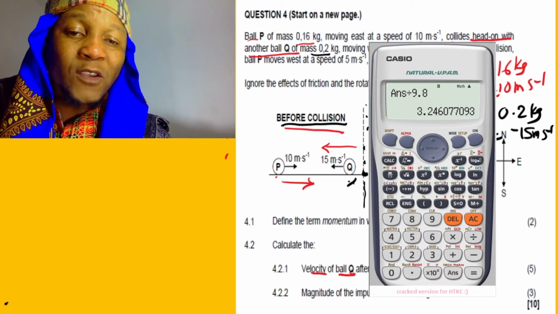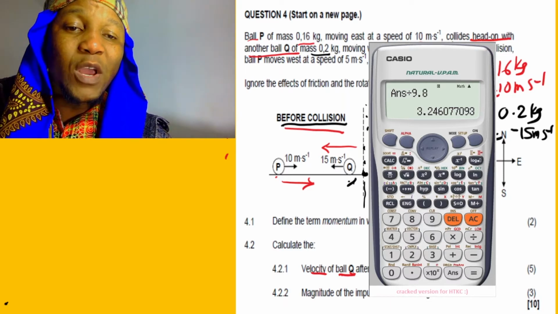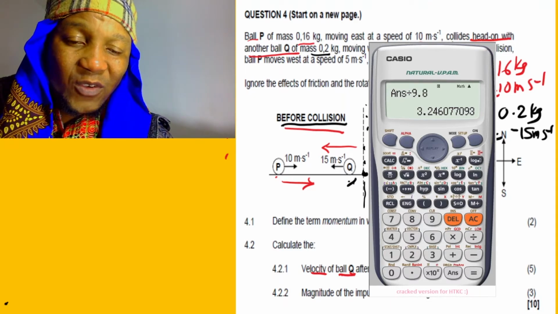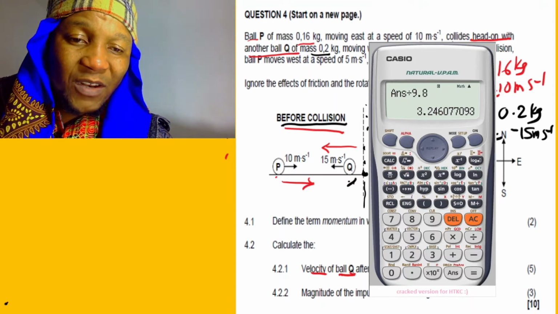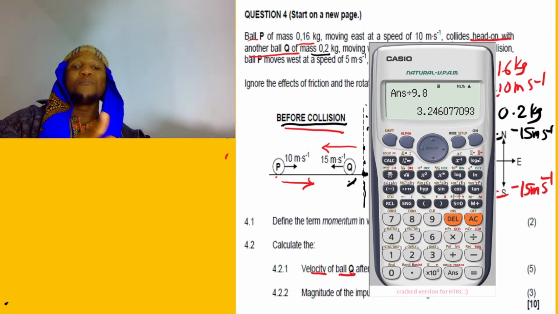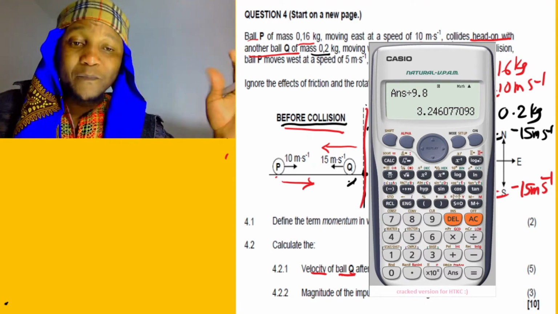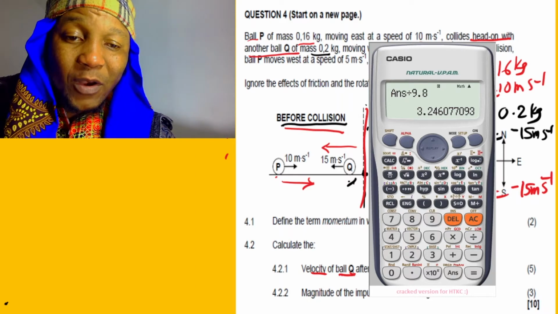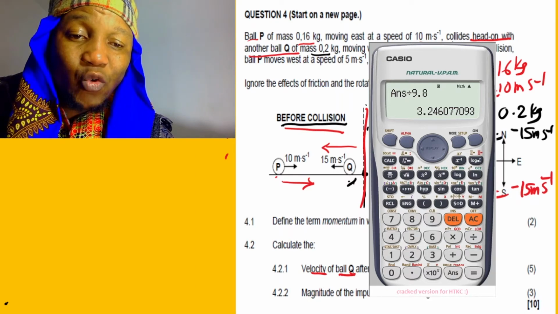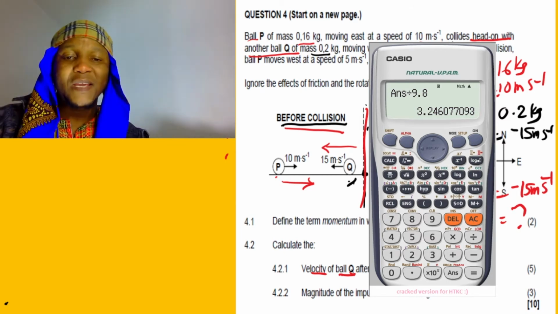So we have a final velocity of P, which goes to the left, meaning negative 15 meters per second. So ball P moves this way after the collision, and Q moves this way, but we don't know the final velocity of Q.